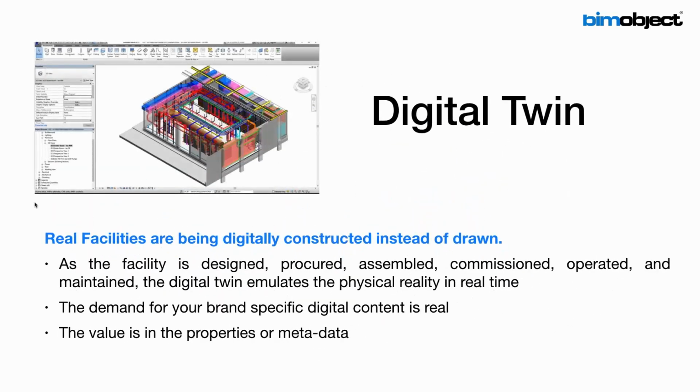So that digital twin of real facilities, as it's designed, procured, assembled, and that's where you guys, the SimScale platform, often comes in, in the engineering and design, that ends up being what gets procured, what gets assembled, what gets commissioned.